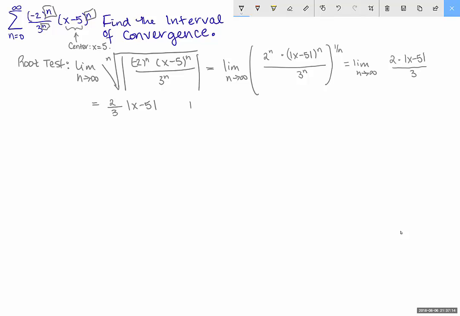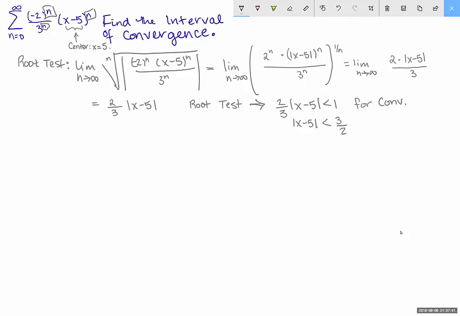And so by the root test, I need this limit, we know that that quantity needs to be less than 1 if it's going to converge. So now I'm going to solve for absolute x minus 5. I'm multiplying both sides by 3 halves, multiplying by 3 and dividing by 2.